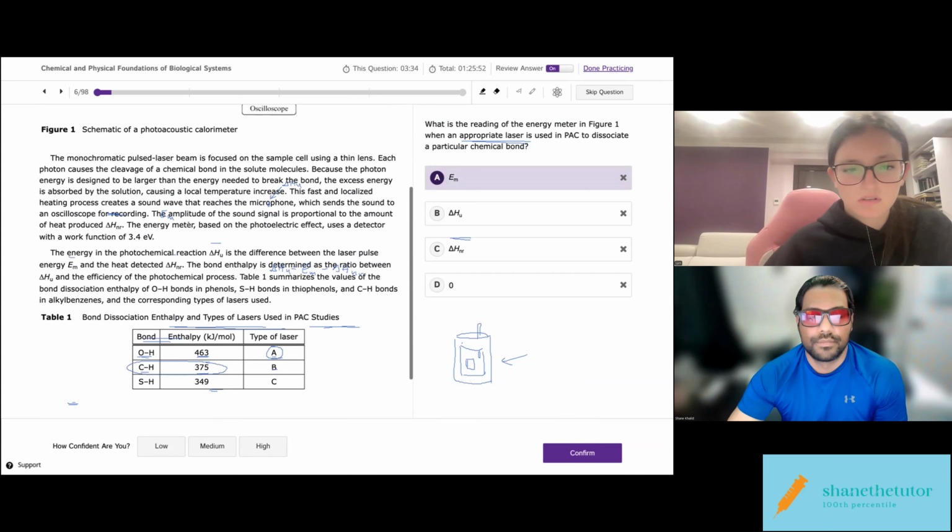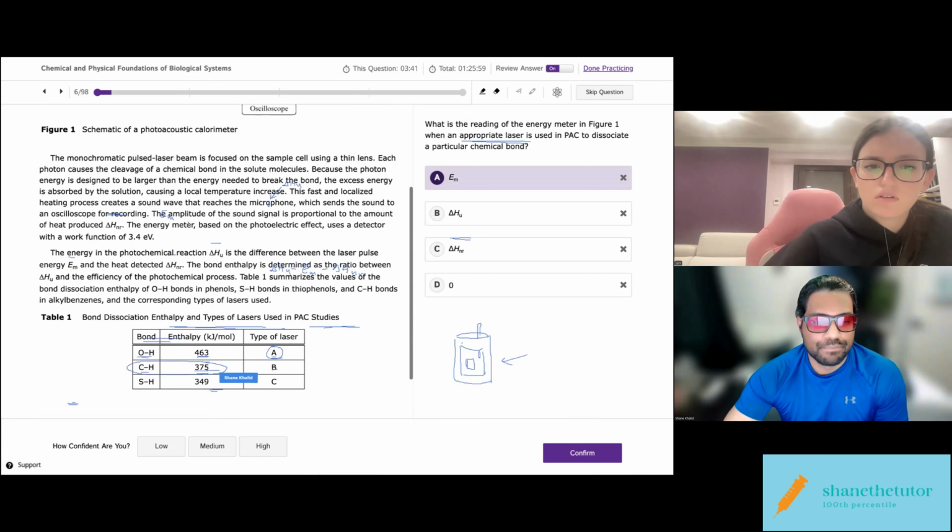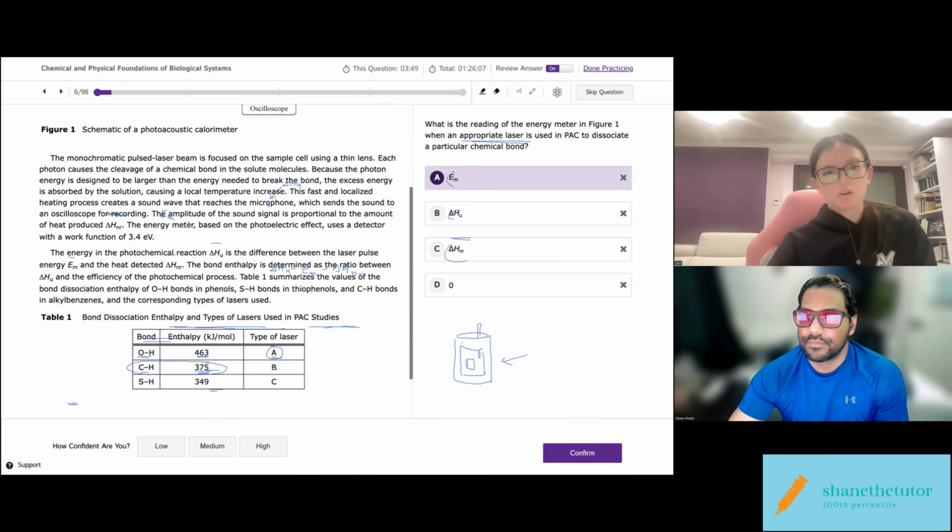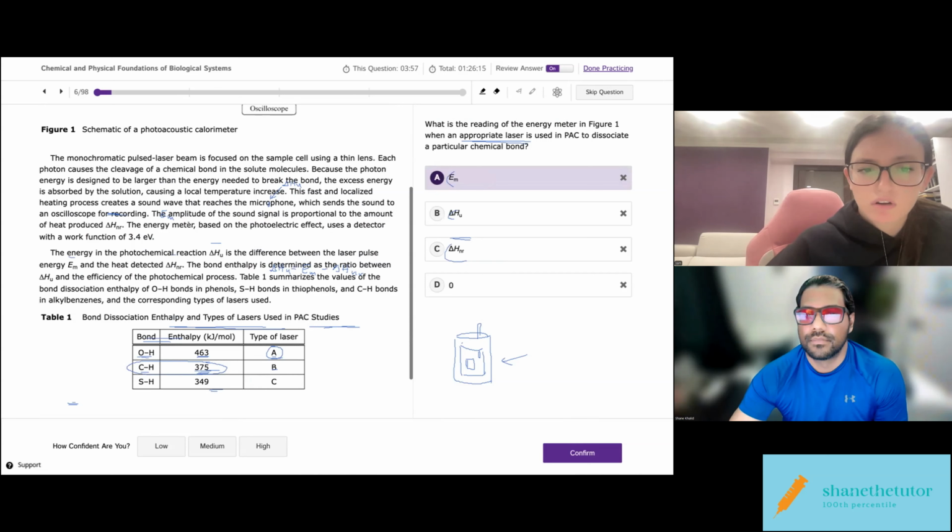It wouldn't. So this 375 is going to be one of these things. But you're saying that when you are using the appropriate laser, then it dissociates a particular chemical bond.